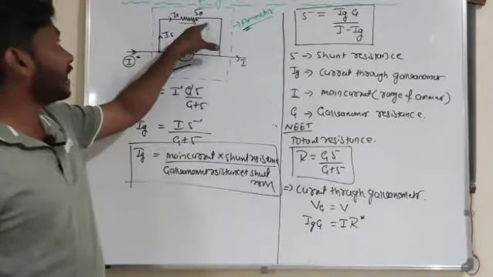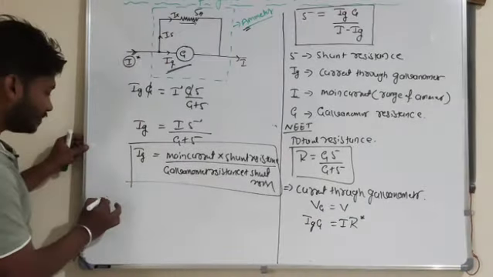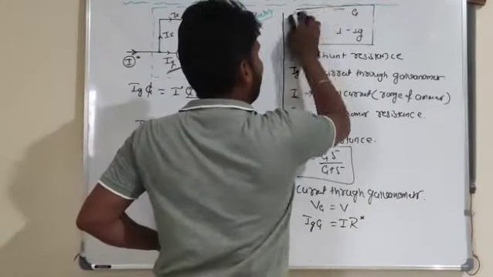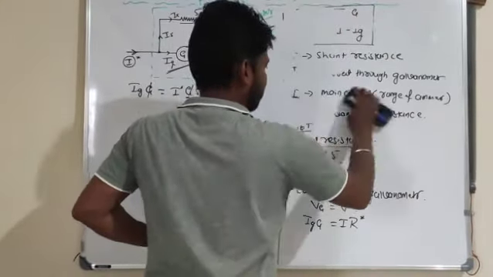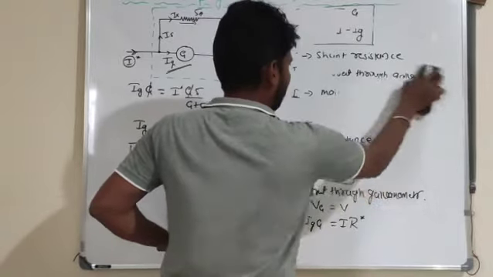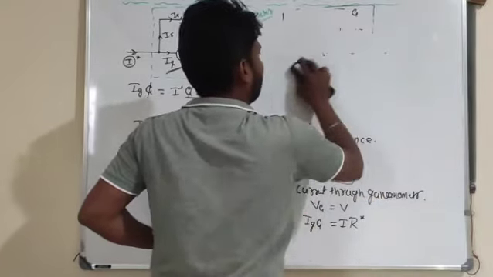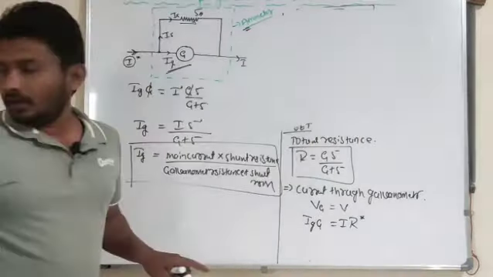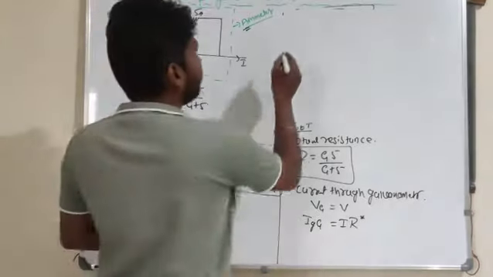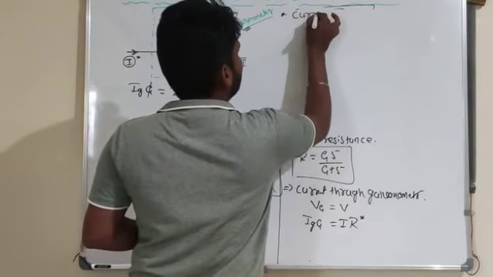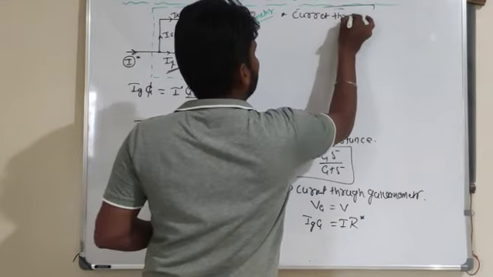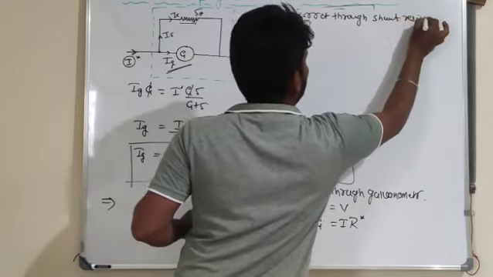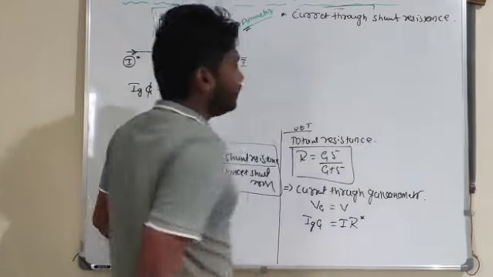In a similar way, I can find the current through the shunt resistance.